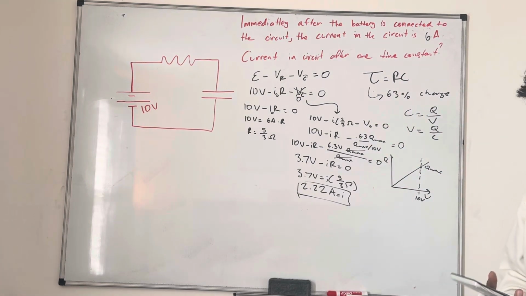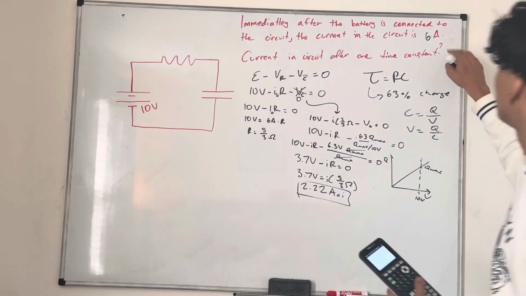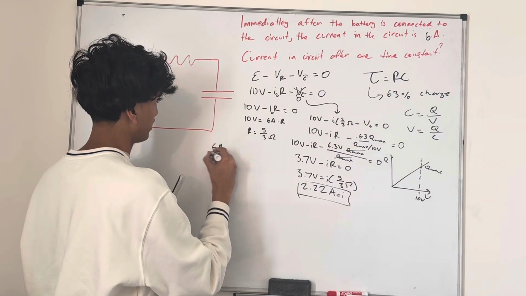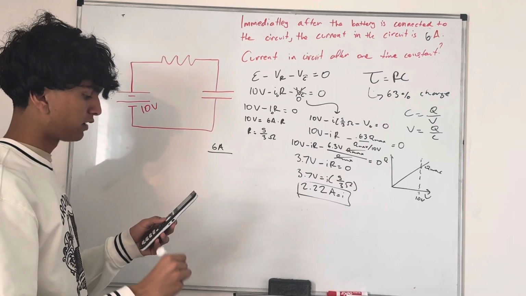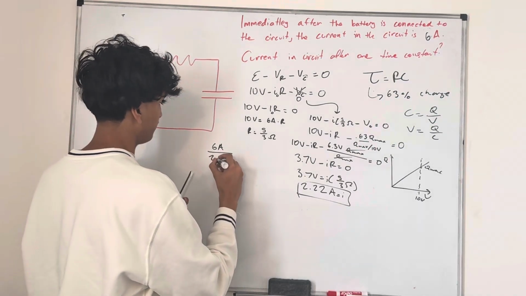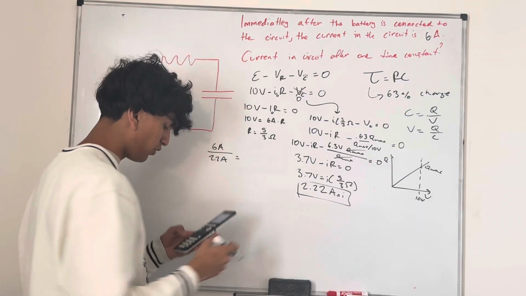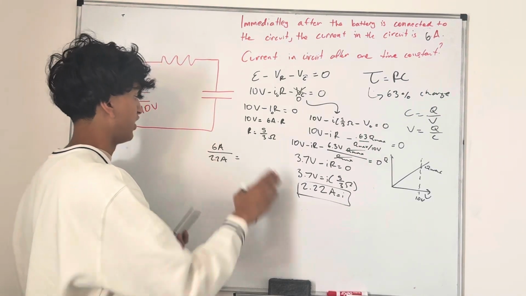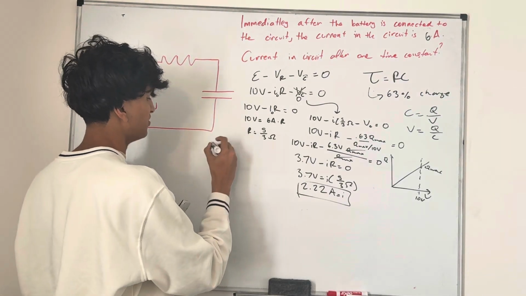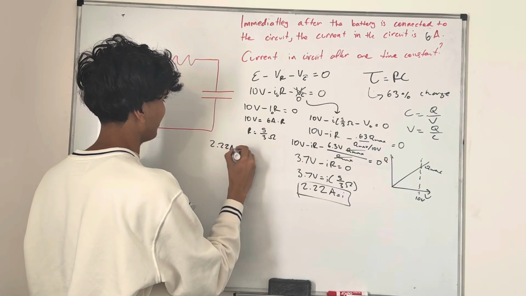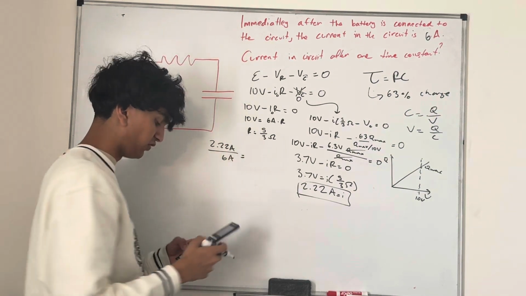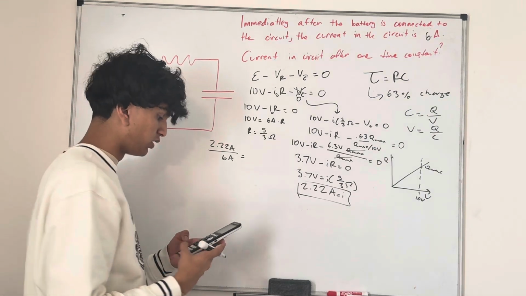The shortcut is really if you took 2.22 amps over 6 amps, it's going to equal 0.37.